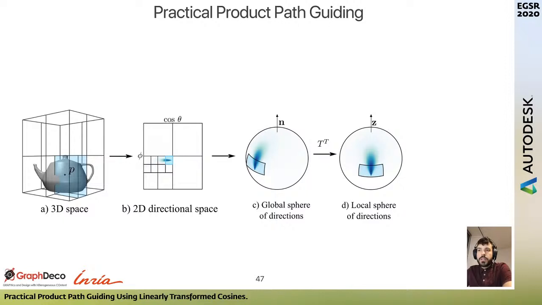In order to use the LTC method, first we need to transform the spherical polygon from the global sphere of directions to the local sphere of directions with a change of axis or a rotation. Here the surface normal is aligned with the z-axis.